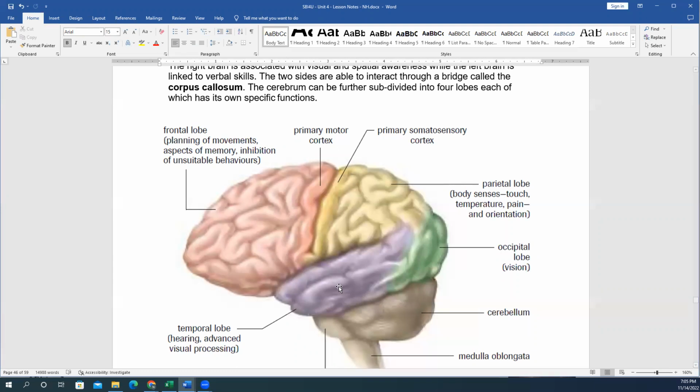In humans, the forebrain is the largest section of our brain. That's where we have our olfactory lobe, which processes information about smelling. That's where we also have the cerebrum.